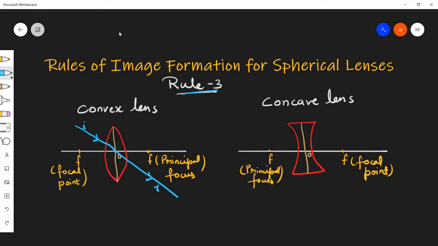And in case of concave lens also, when a ray of light is incident through the optic center, then after refraction it goes undeviated. That means it goes in a straight line. These are the three rules of image formation for spherical lenses.